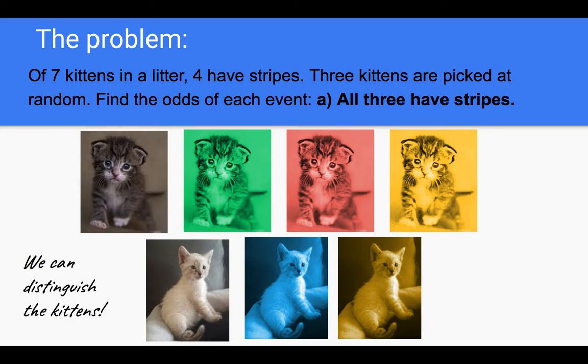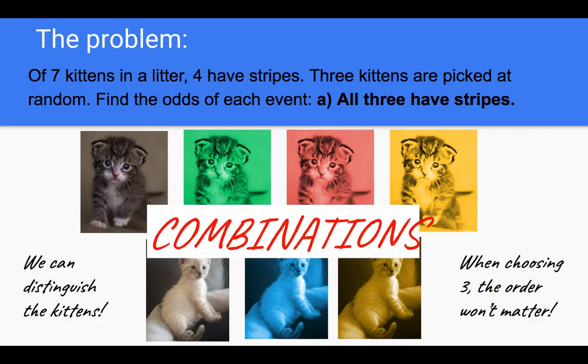We can distinguish the kittens, and when choosing the 3, the order is not going to matter, because we're just trying to find scenarios in which we have chosen different kittens or not, and we're not that interested in which order we pick them. And that is a scenario in which the counting is going to involve combinations. So we have established that out of the 7 kittens, whatever count we need to do, it's going to be a combination.